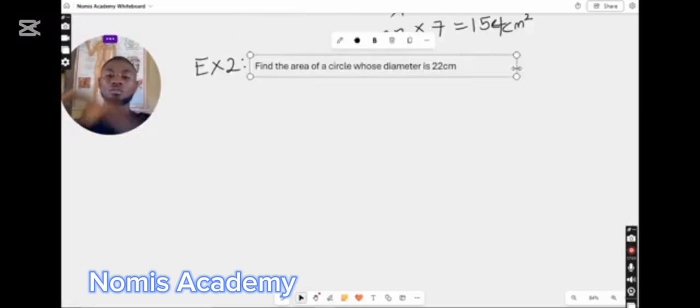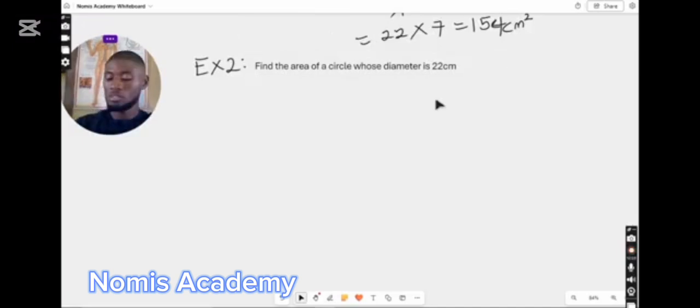This question asks, find the area of a circle whose diameter is 22 centimeter. So we can see that this gave only diameter, not the radius. So we will use the second formula. So let's do this solution.